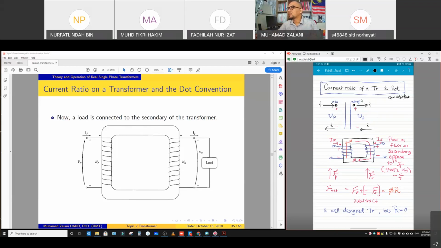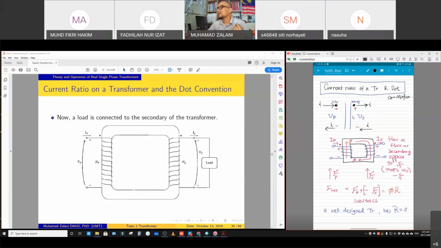If we place the dot here, it means that at the primary side, the current will be flowing into the dot. At the secondary side, on the other hand, if we place the dot here, it means that this current is flowing out of the dot.